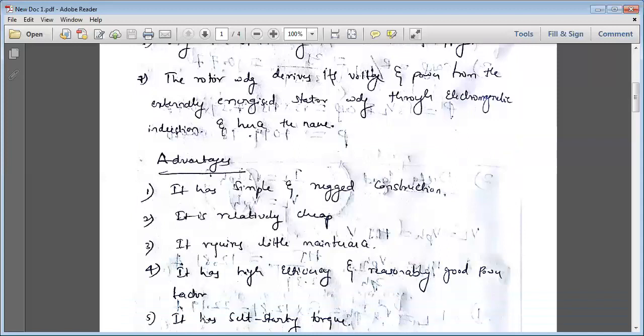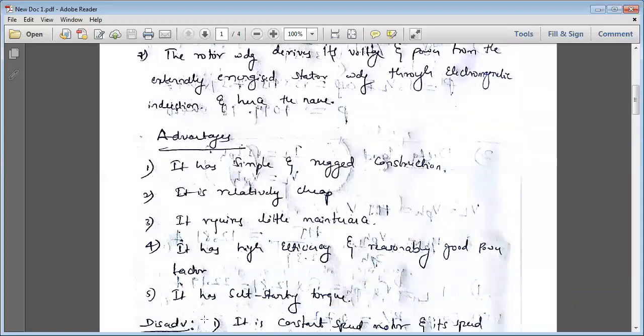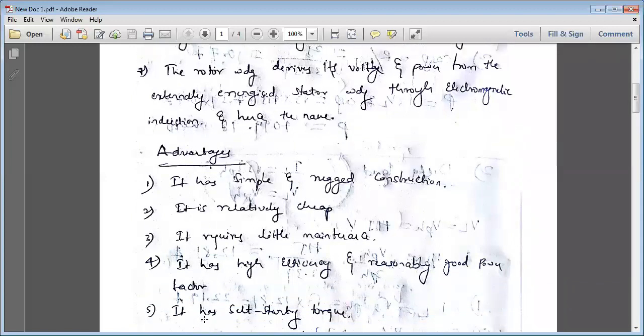And let us discuss its advantages. The advantages of three-phase induction motors. The first one is that it has a simple and rugged construction. Simple means, compared to other types of machines of the same capacity, the construction of the induction motor is simple.